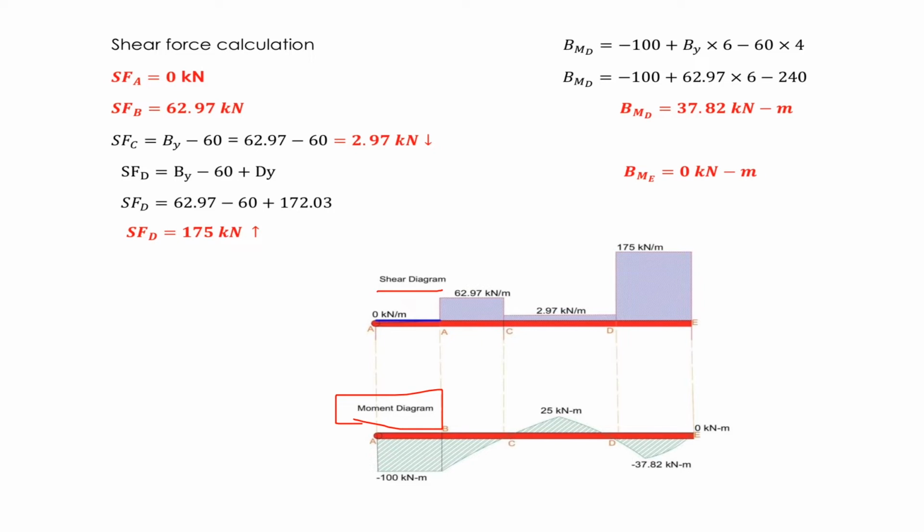At point A it is 100 kilonewton meter, and going up to 25.94 kilonewton meter, and negative 37.82 kilonewton meter, at 0 kilonewton meter.